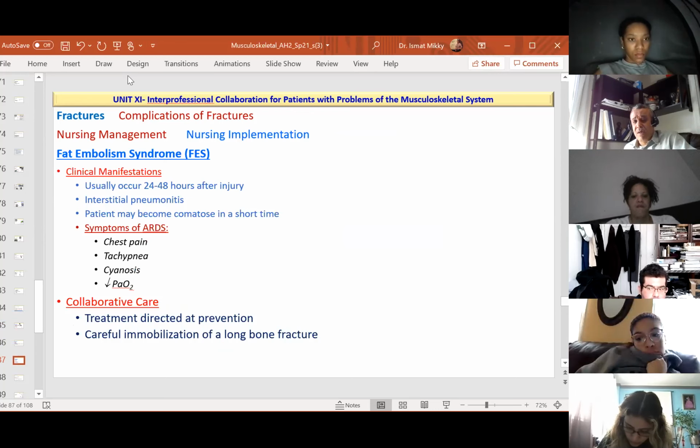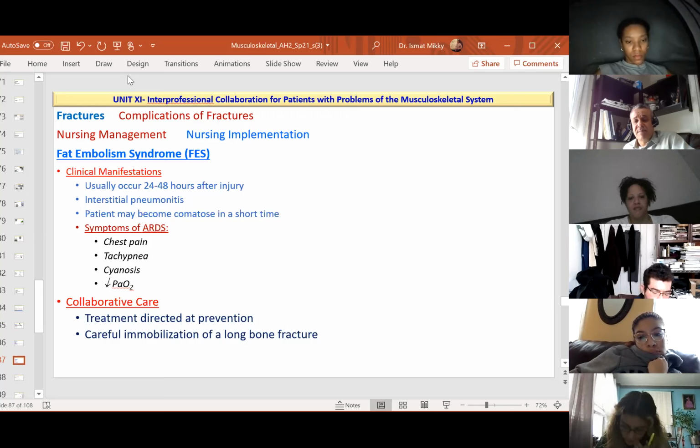The 3 hallmark manifestations of fat embolism are dyspnea, tachycardia, and patients become apprehensive. These are the 3 main things that should alert nurses to assess for the signs and symptoms of fat embolism. We covered this in pathophysiology.